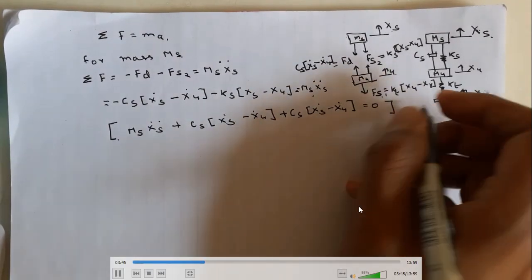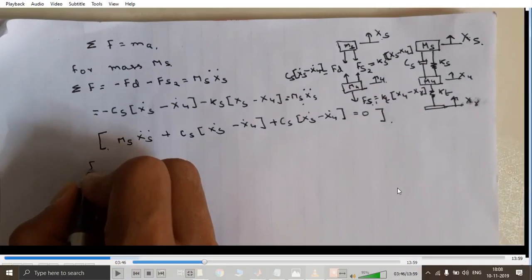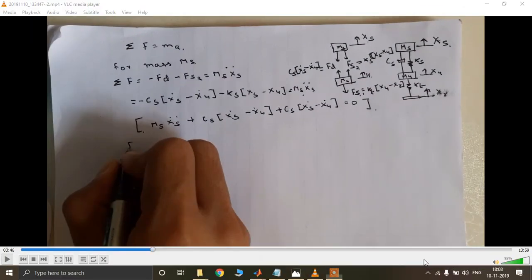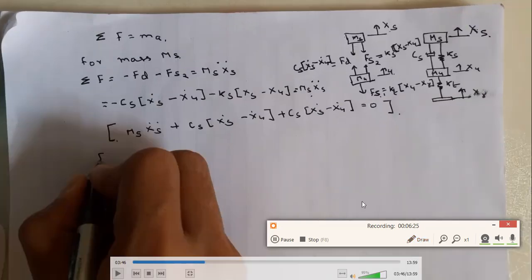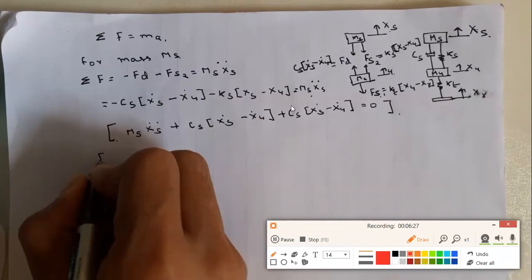So the original value should be ks, and these are not here, so nothing here. This is just xs minus xu.